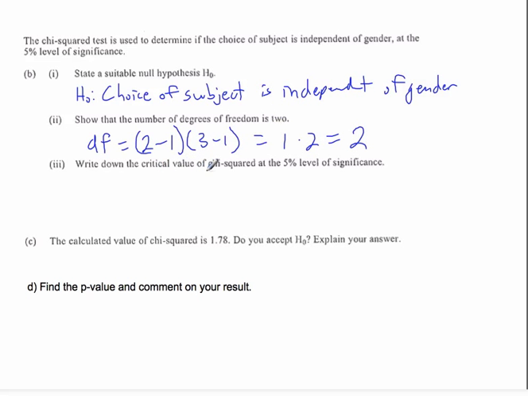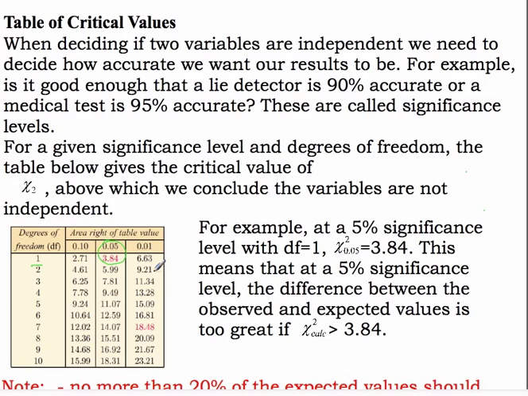Okay, write down the critical value of the chi-squared at 5% significance level. So we need to look at the table for that, or oftentimes they'll just give you that in the question. So 5% significance level at 2 degrees of freedom. So I'm going to look back at my table. 2 degrees of freedom, 5% significance level is 5.99.